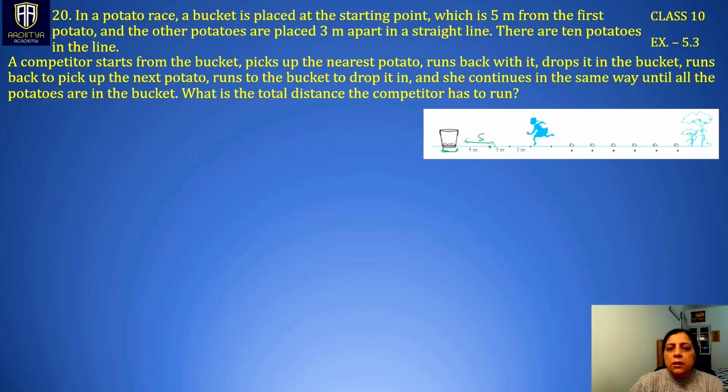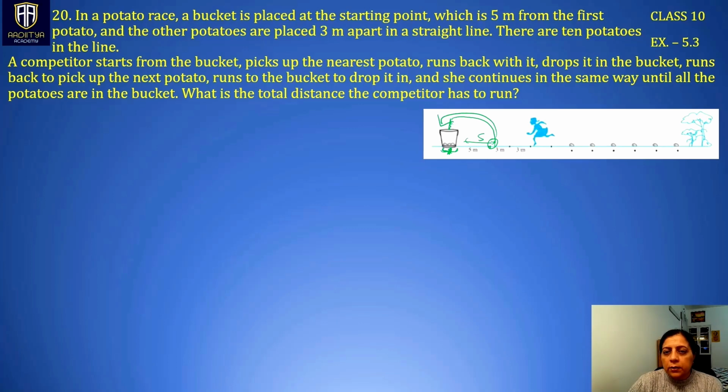A competitor starts from the bucket. Now you have to find the sequence here. Picks up the nearest potato, runs back with it. She starts from here, this point, right? She goes to the first potato, picks up that potato, and comes back to put that potato in the bucket. So how much is the distance she has traveled?